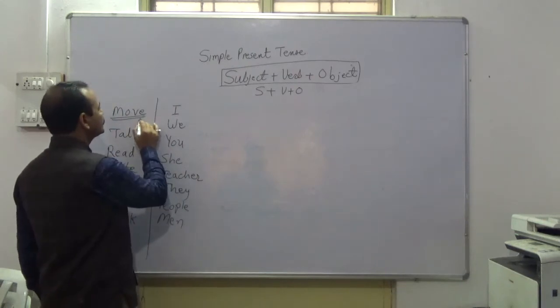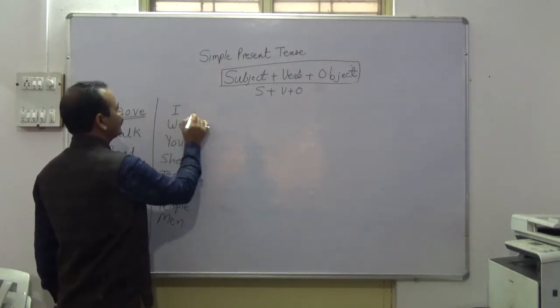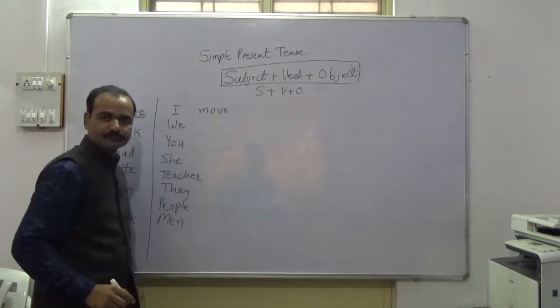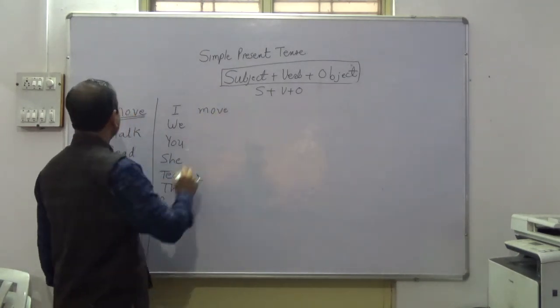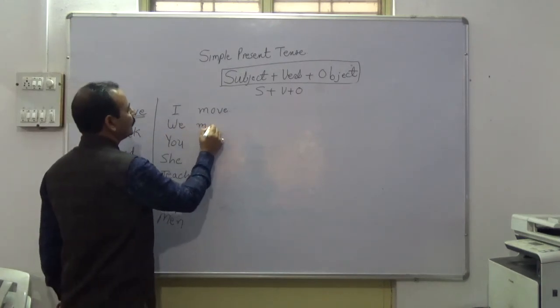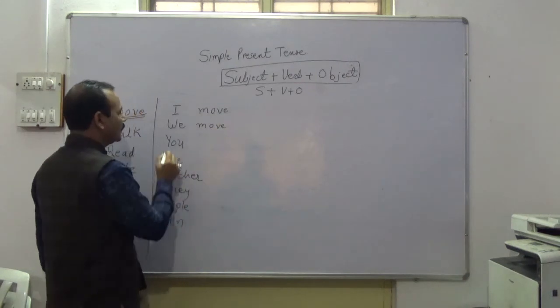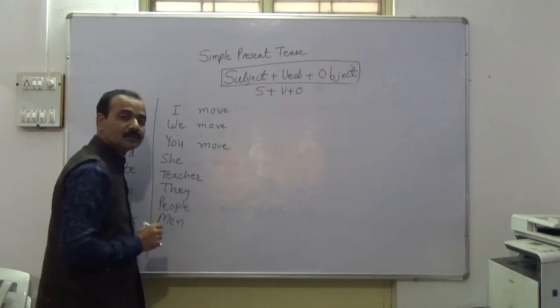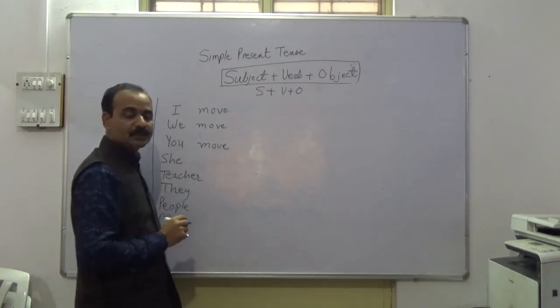When I use move with I, I will write I move. Then we move. You move. But she, it is third person and it is a singular subject.